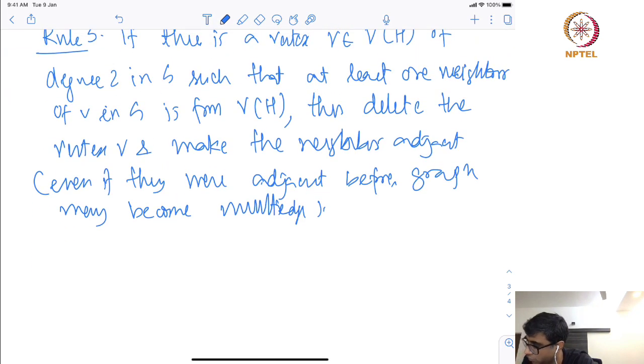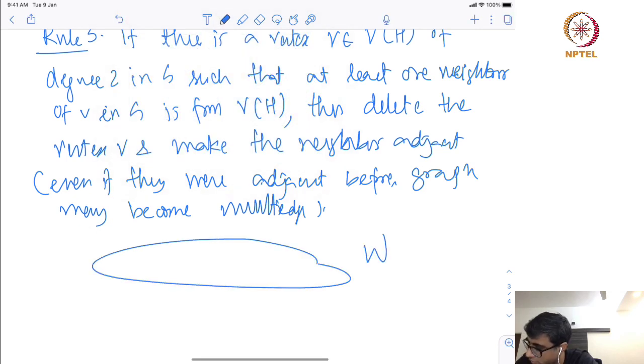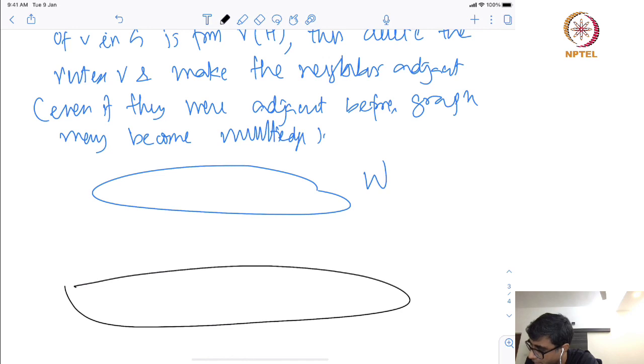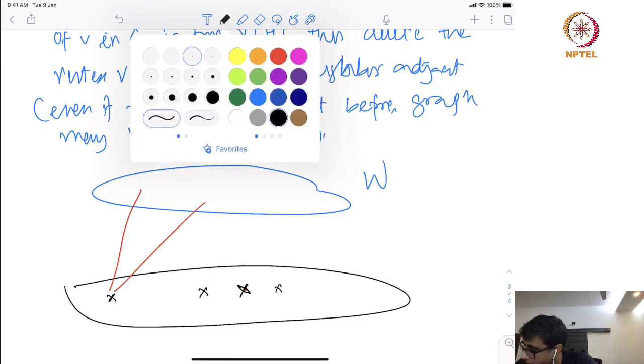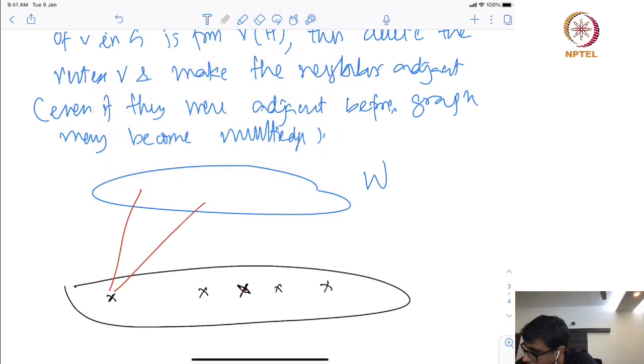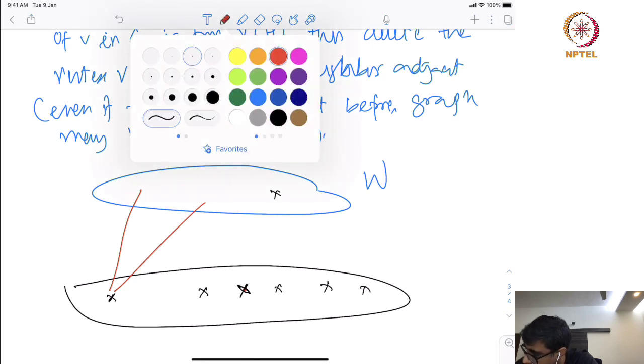So basically what it tells us is that, look, first of all, I am only going to look at those vertices of degree 2, okay. So look at a degree 2 vertex here. His neighbors could be this, or this vertex, both of his neighbors are here, okay.